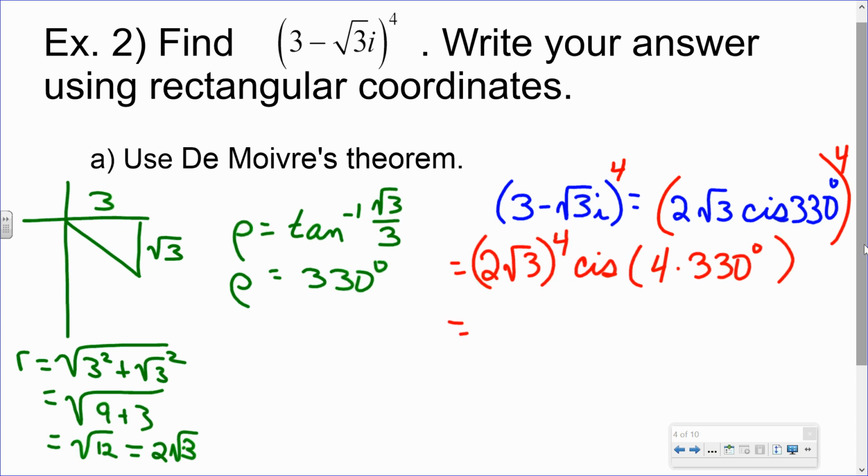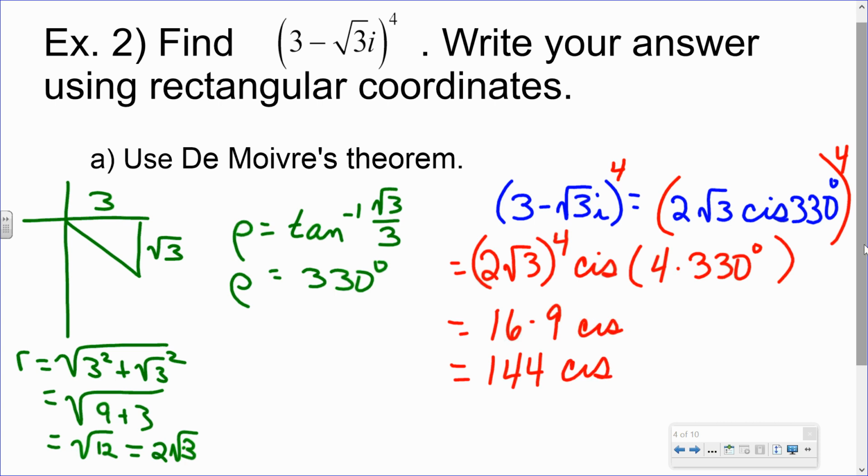So 2 to the fourth is how much? 16. Root 3 to the fourth, 9. So I've got 16 times 9, which is 144.